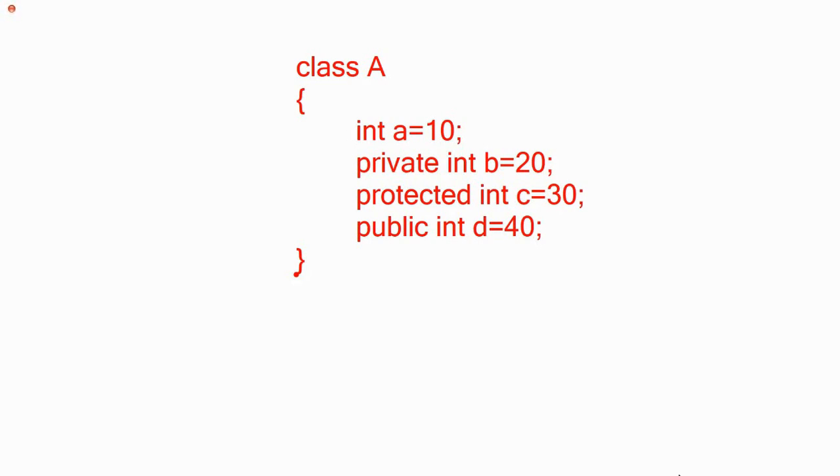The life of these 4 variables is the same, but the scope is different. The life of A, B, C, D is the same. Whenever an object is created, memory is allocated for all. Whenever an object is destroyed, memory is deallocated for all. Life is the same, but scope is different. Scope is based on the access modifier.